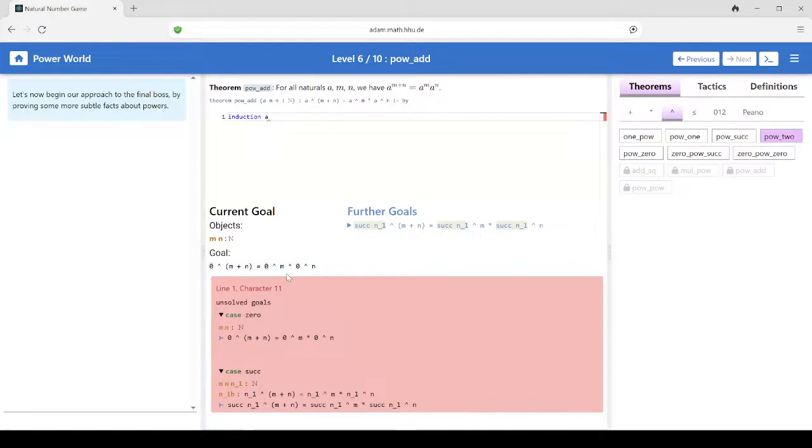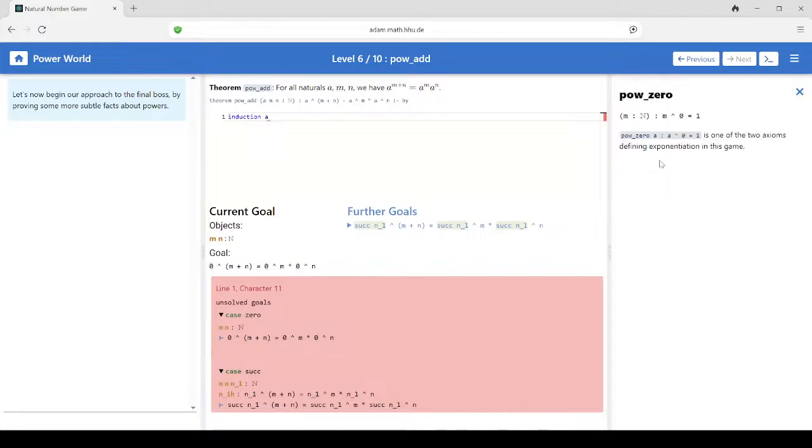Yes, it'll be 0. Sorry, where does it say?